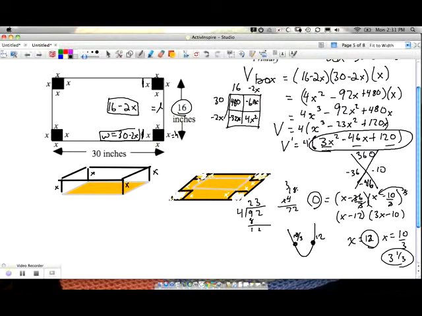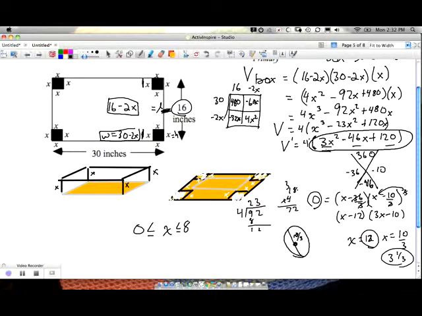If x goes up to 8 all the way to here, we're cutting all the way off on that side. So x has to be less than or equal to 8, but greater than or equal to 0. So that 12 is out of range for us. If that doesn't make sense to you, try cutting 8 inches from both directions without overlapping. Or more than 8 inches, I should say.